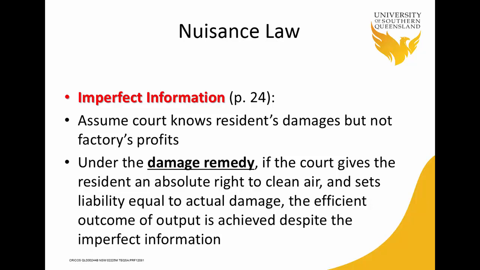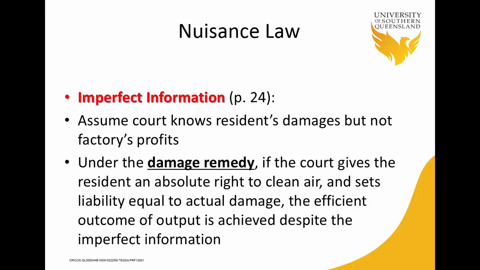From our previous analysis, we know that under the damages remedy, if we set the liability of the factory when they breach equal to the actual damages by the resident, and because we can calculate these actual damages with certainty, we can still identify what needs to be done in case the factory breaches. And we know that under this condition we would achieve the efficient outcome, even though we cannot actually give a figure of how much the efficiency is going to be in terms of dollars, for example, because again we don't have all the numbers.